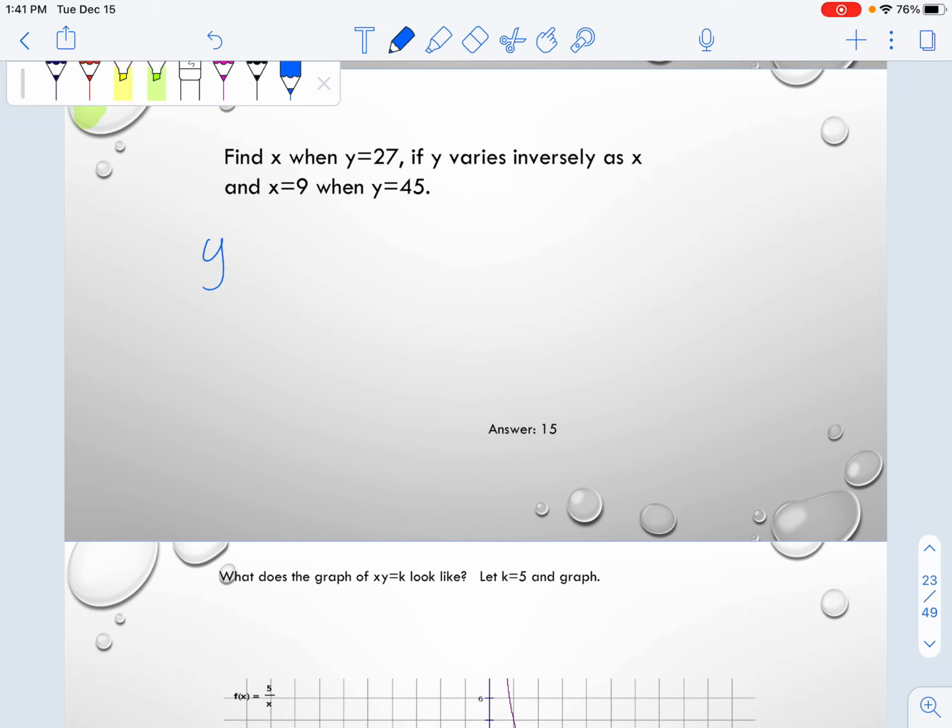Find x when y equals 27 if y varies inversely as x. So that's k over x. I'm just going to plug in what we know instead of using the proportion approach.